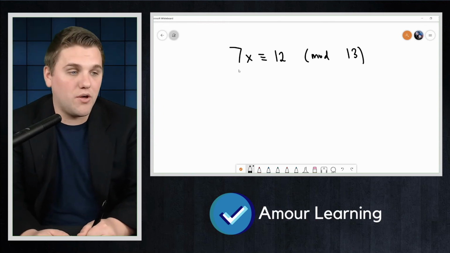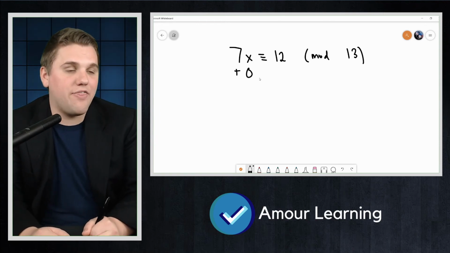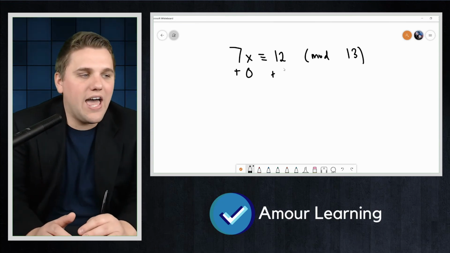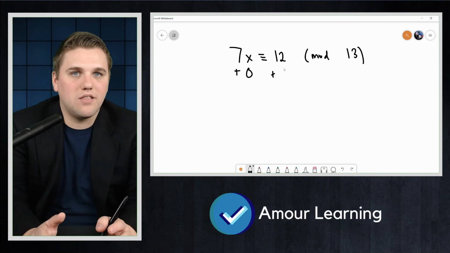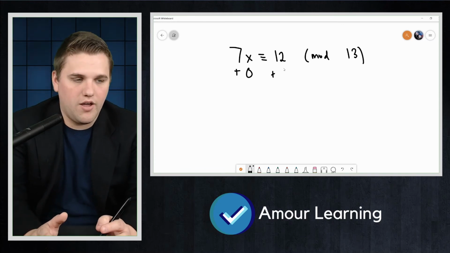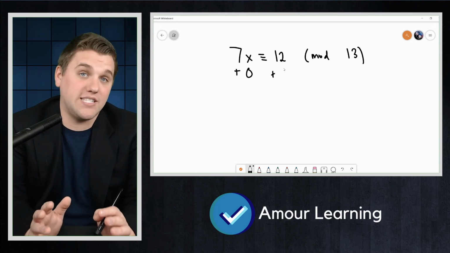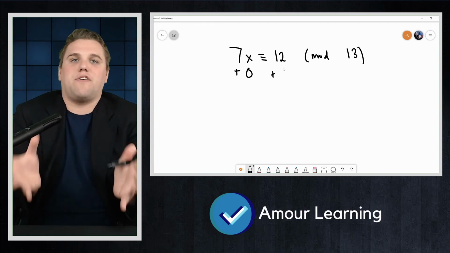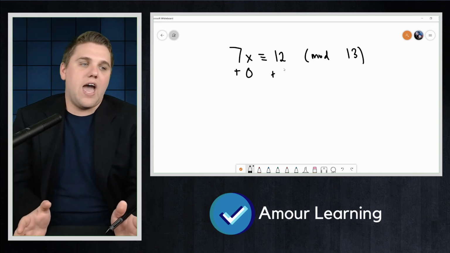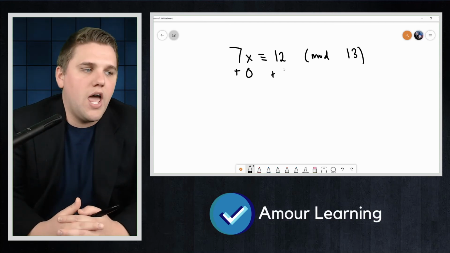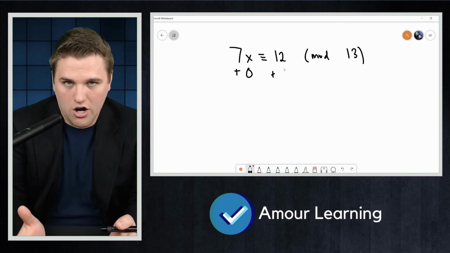So I'm going to add 0 on both sides. On the left side, I'm going to add that kind of 0, and on the right side, I want to add a 0, but some other version of 0. And I want to make it so that the right-hand side is divisible by 7. My intention here is to divide by 7 and not get a fraction because we're not in fraction world, we're in integer world. Now, what numbers are equivalent to 0?